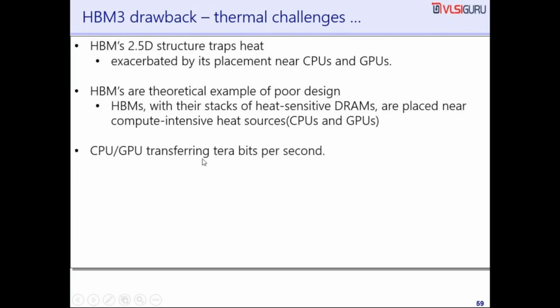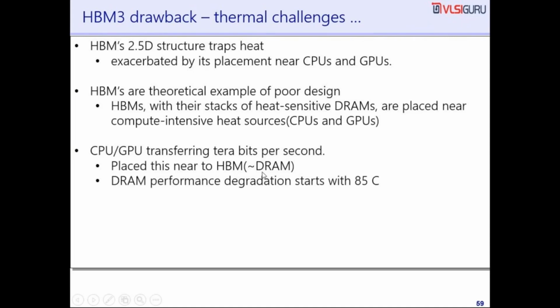CPU, GPU are transferring terabits per second. Even if one bit of data translates into picojoules, multiplying picojoules by terabits per second translates into a huge amount of energy being generated as heat, which is placed near the HBMs.